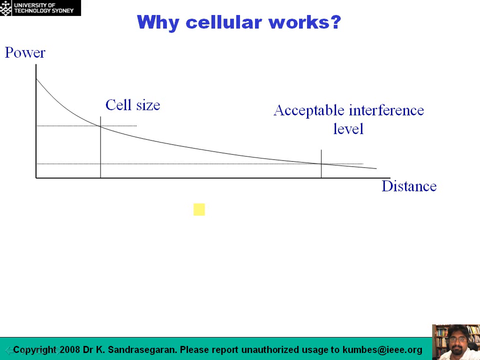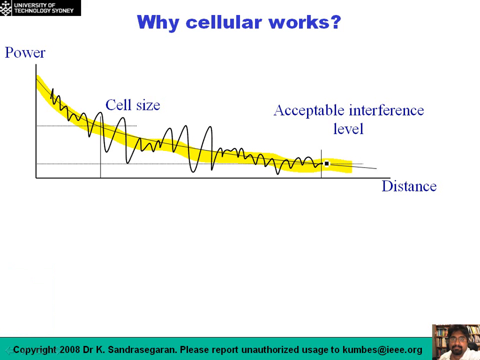So how is it possible that cellular networks can work? Well, we saw this diagram earlier, in lecture 2. We said the transmitted power reduces quite rapidly with distance as you move away from the base station. This is an ideal graph, but in reality, the graph will have a rapid variation.